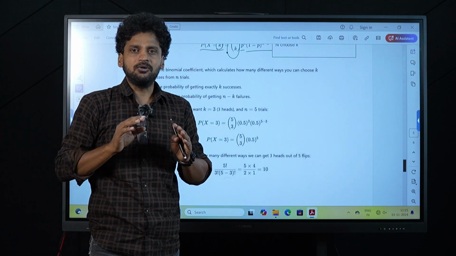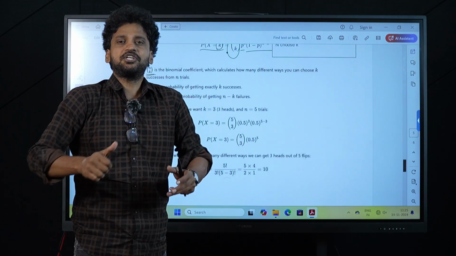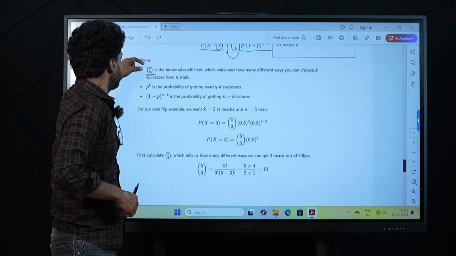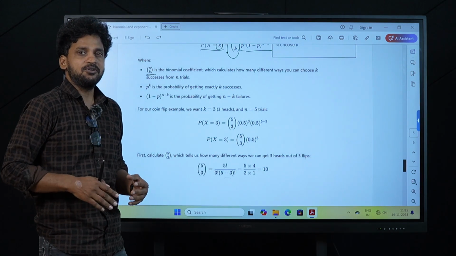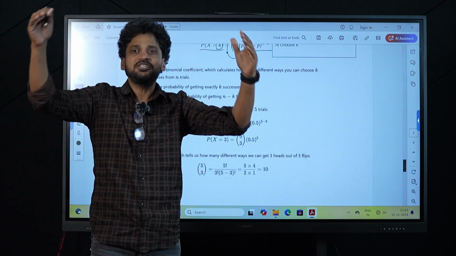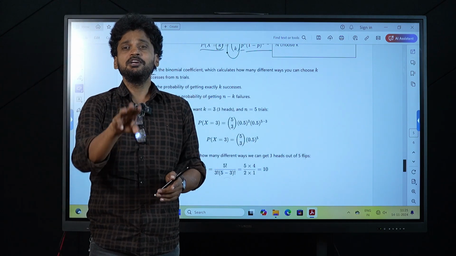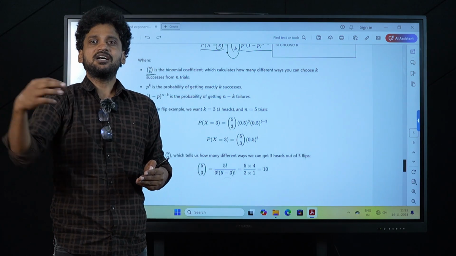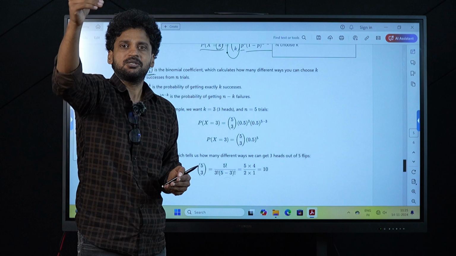Eventually you should be able to get 3 heads, and in which way it happens is immaterial. This n choose k gives you all the combinations through which you can get 3 heads, maybe the first sequence, the final sequence, or any sequence which has some intervals.